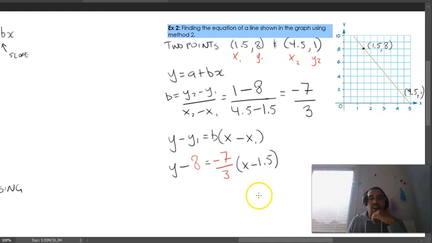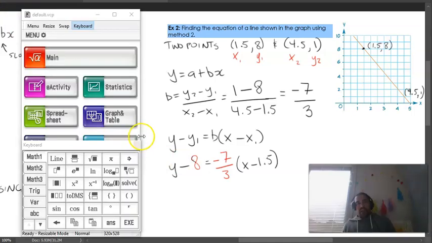Now, we have this really, really ugly looking equation. We've got these negatives, we've got these decimals, we've got it in a weird format, and this is where our solve function comes into play. I've got my calculator up.